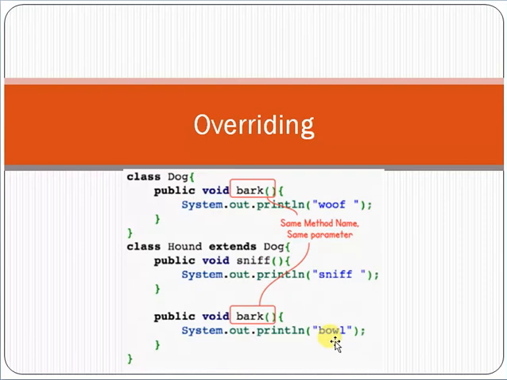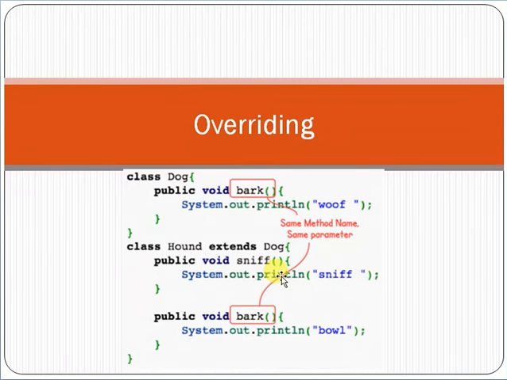Why? Because the bark method is available here also and here also, but why is it printing bowl? Because the bark method is extended, meaning redefined within the extended or inherited class.